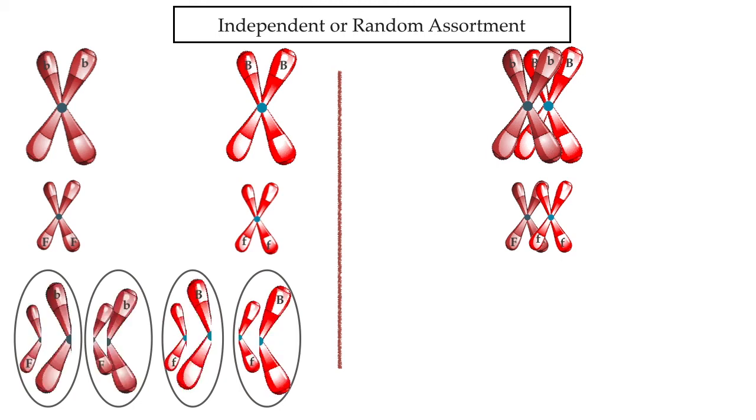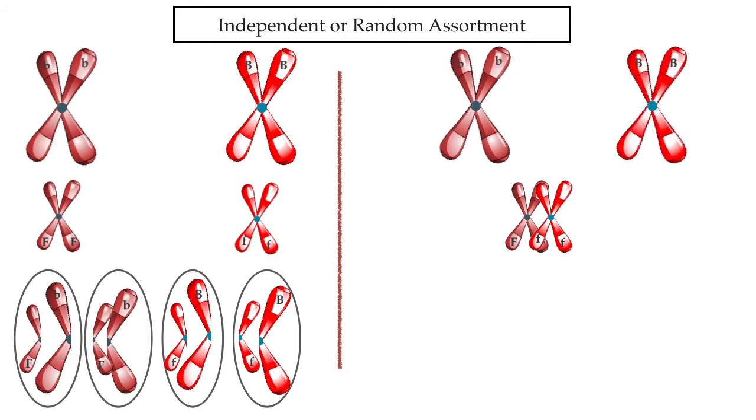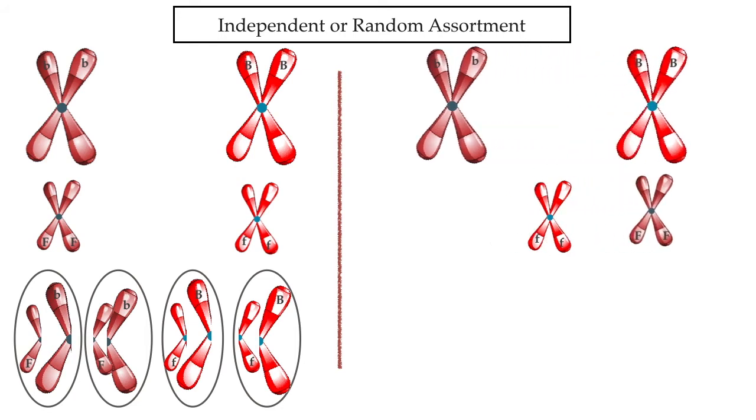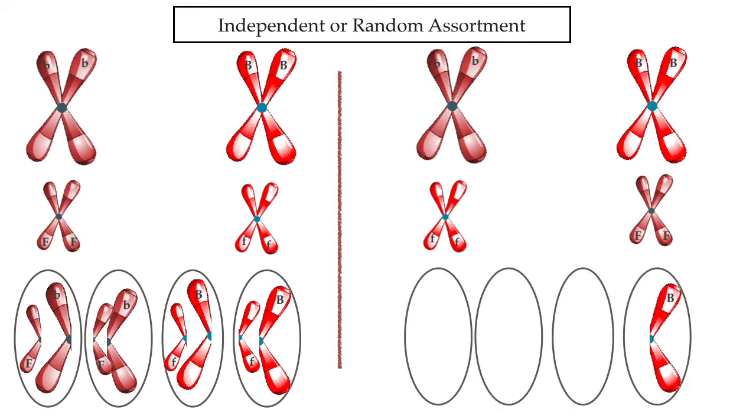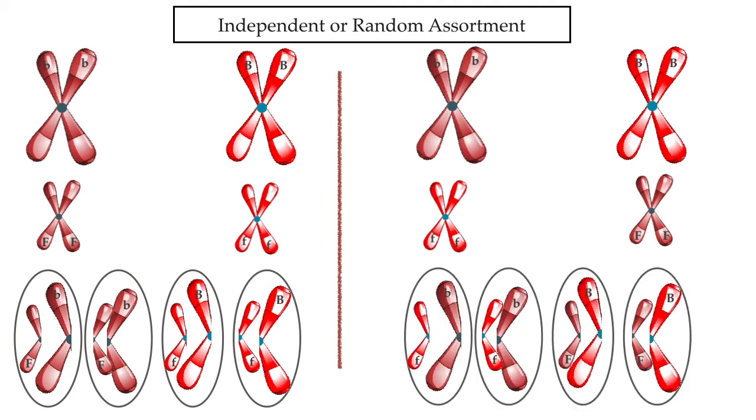But another possible combination could be this one, where chromosome number 1 from mom and chromosome number 2 from dad go to one side, and chromosome number 1 from dad and chromosome number 2 from mom on the other side, which now gives us another possible combination of those chromosomes when the eggs and sperm are produced. So what this does is give us more ways by which the chromosomes can be combined.